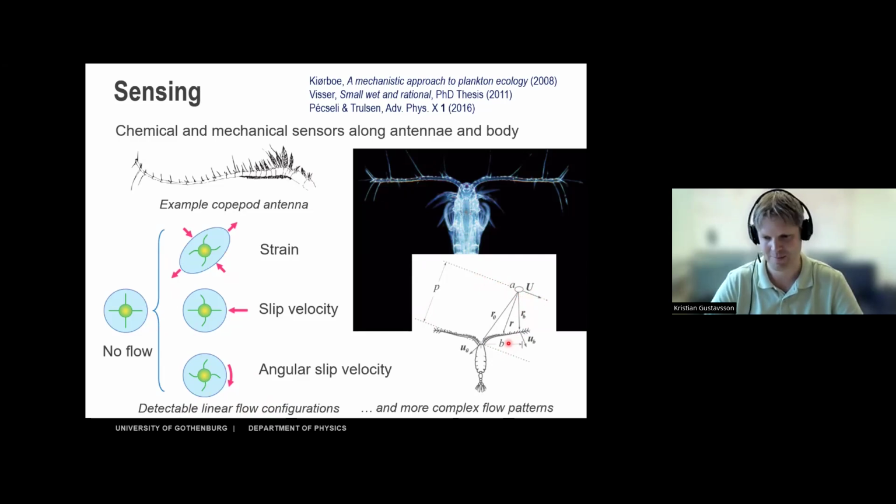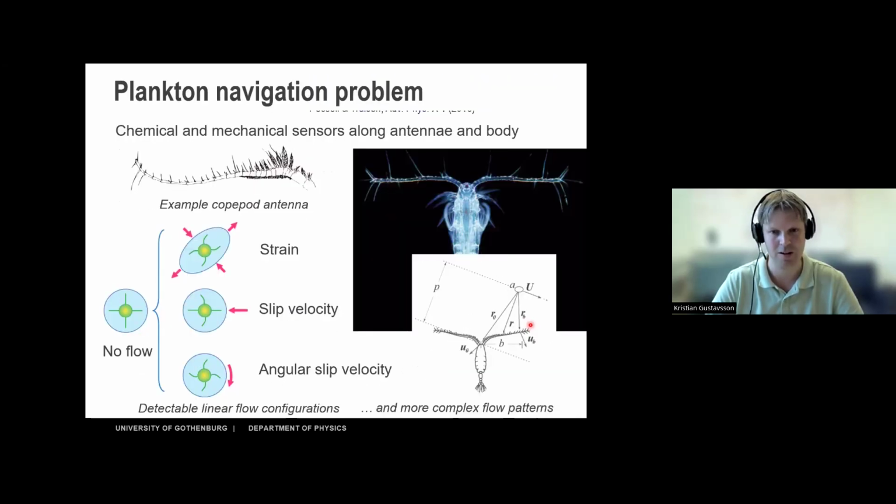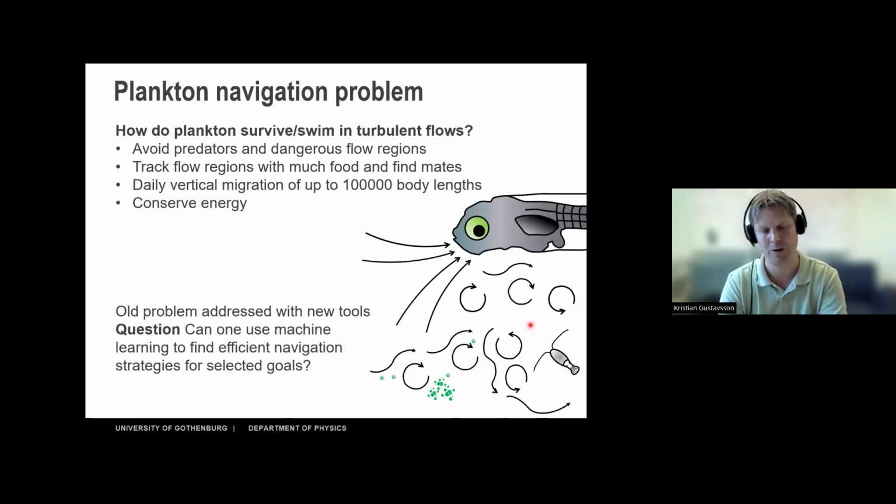So they are quite capable in sensing the flow environment in this way. Okay. So that was some overview of how plankton navigate, and some points on what they do.